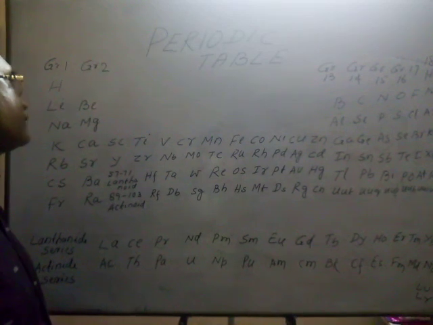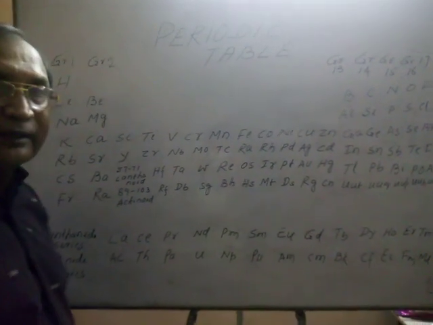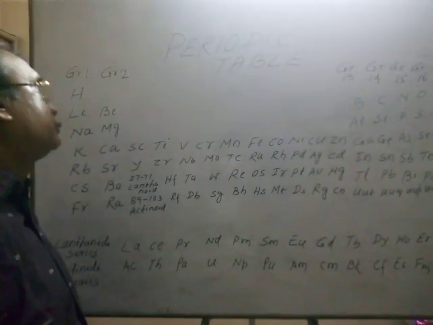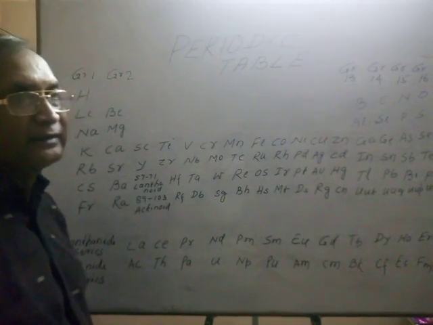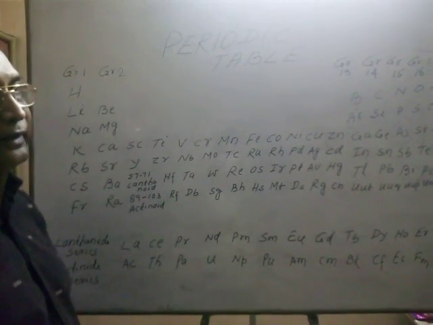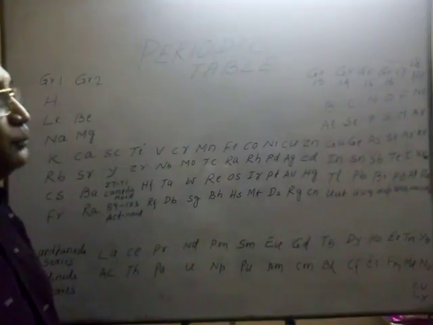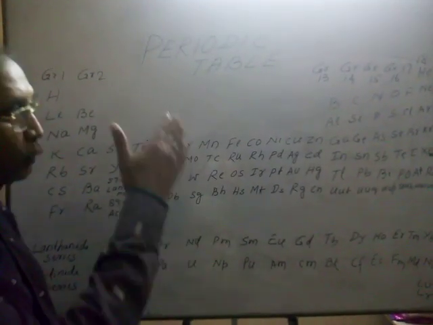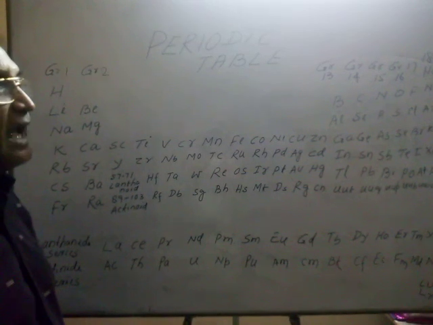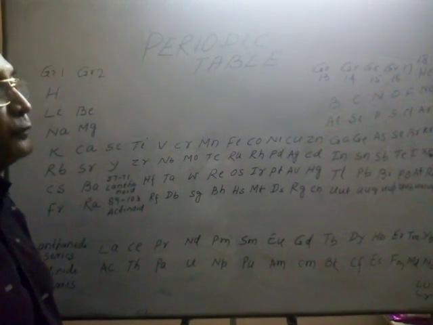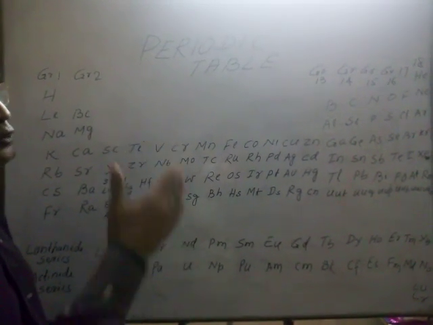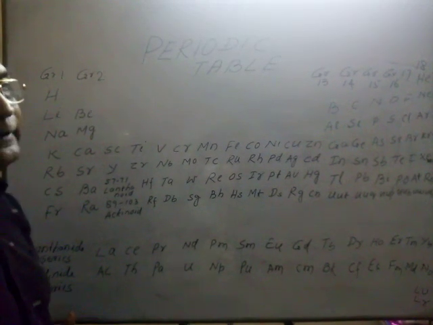Group 1 is known as alkali metal and group 2 is known as alkaline earth metal. Group 13 is known as boron family. Group 14 is carbon family. Group 15 is nitrogen family.